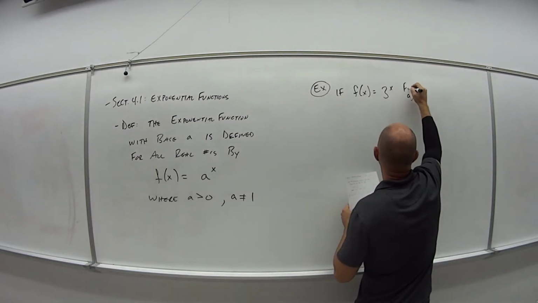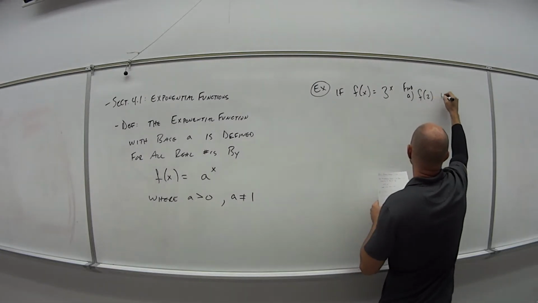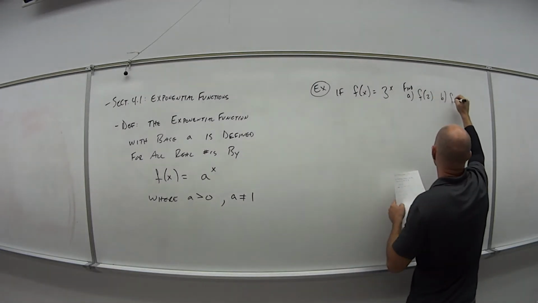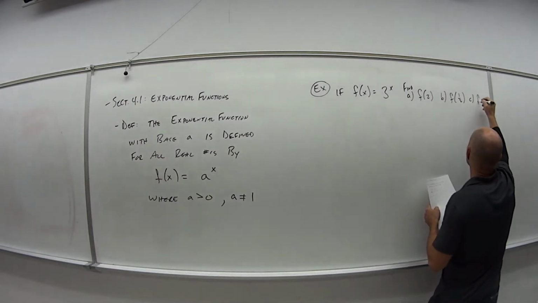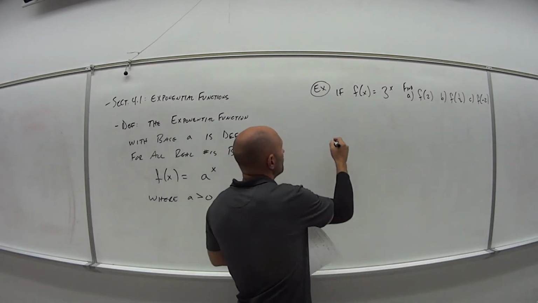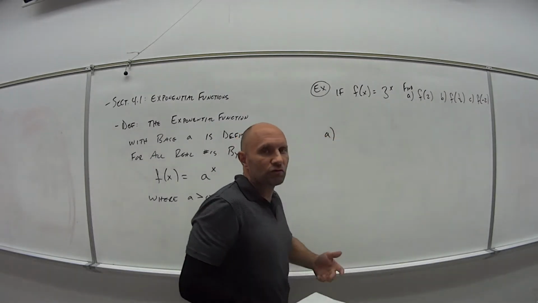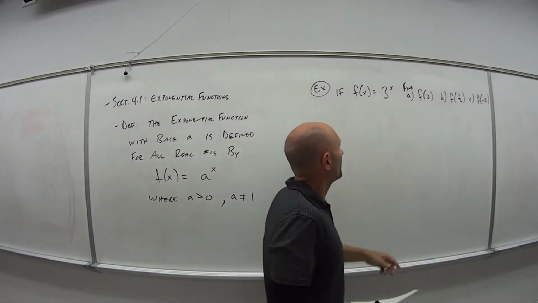Find a, f of 2; b, f of a half; and c, f of negative 2. So for a, remember when we have functions, what do we do? We take the number inside the parentheses and plug it in for x.